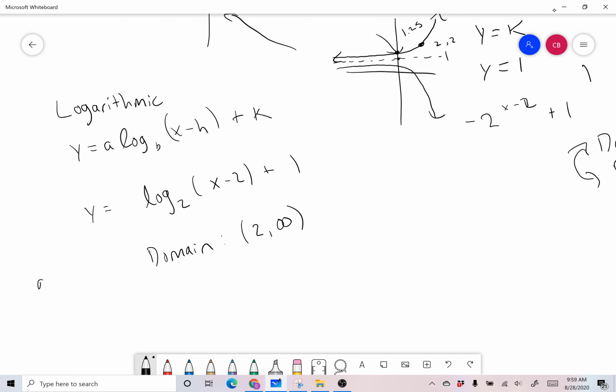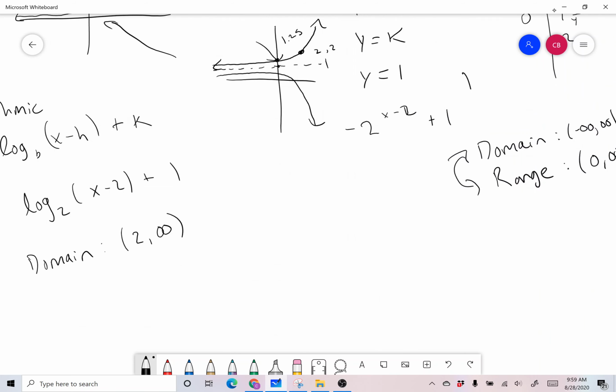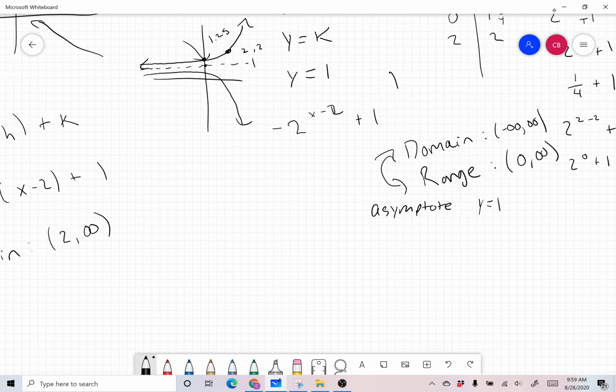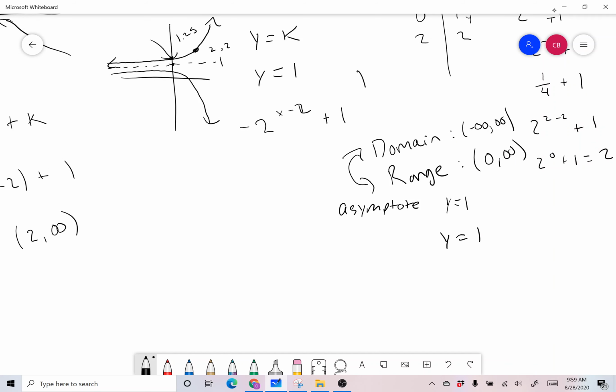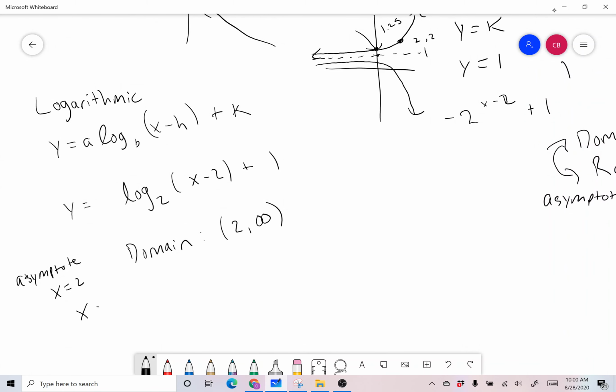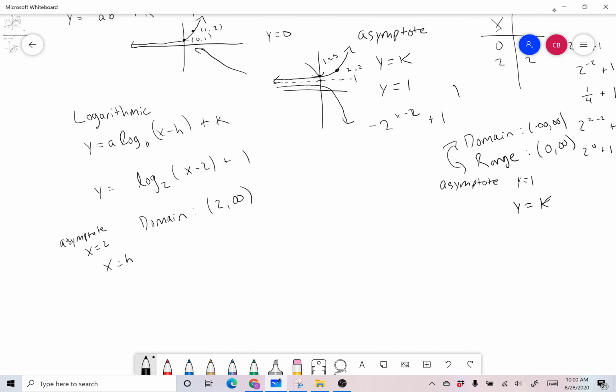Okay, so let me point that out. Asymptote. Over here, asymptote. In this case, y is equal to k. In this case, x is equal to h. So one's based on h, one's based on k.